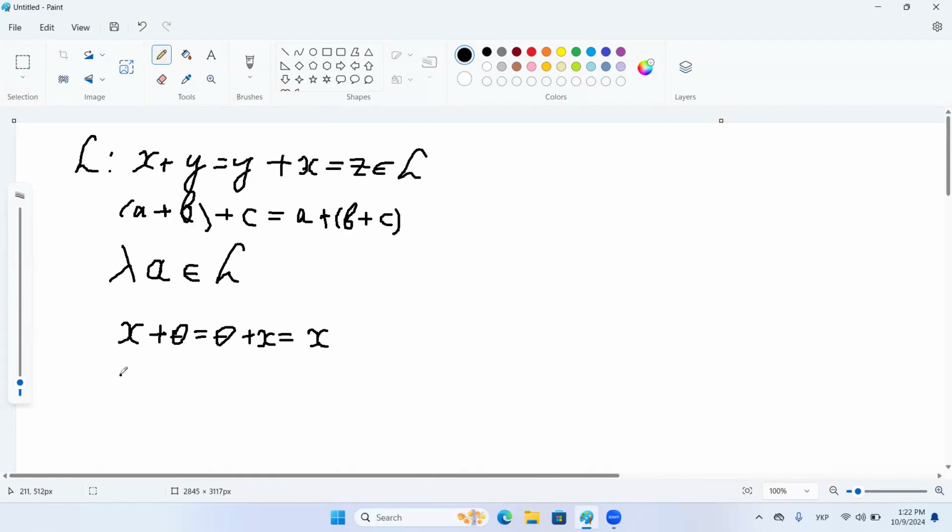And also a negative element, which has the following property: if we add this negative element, the result will be the zero element. So such rules are obvious, I believe.